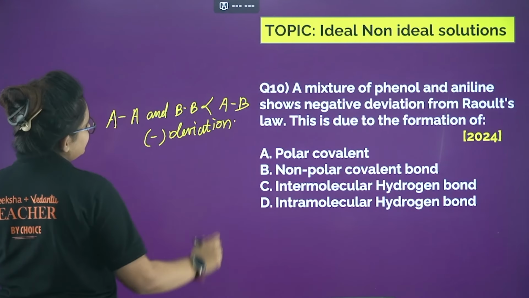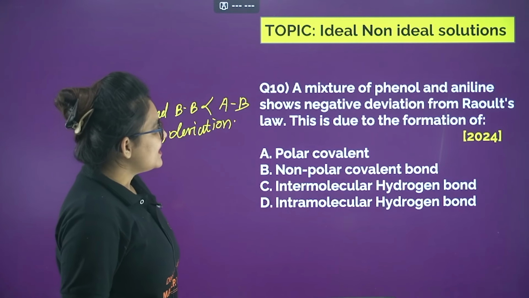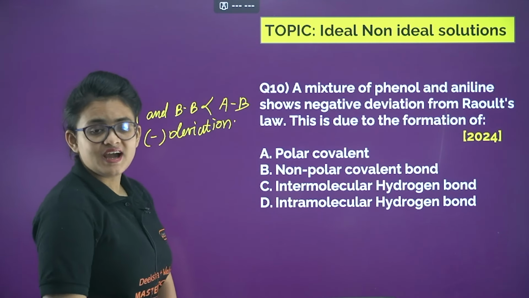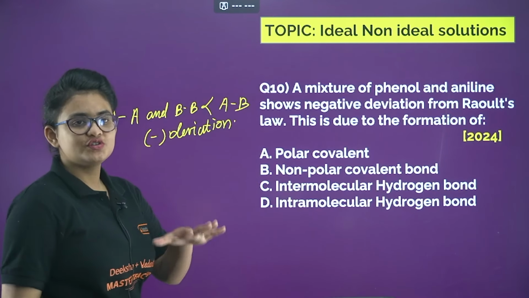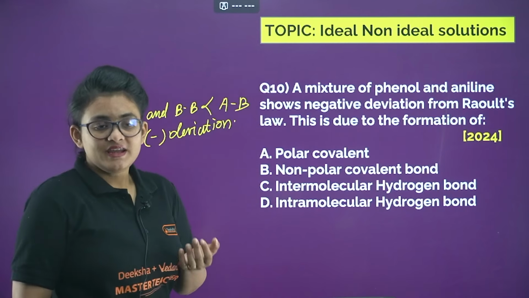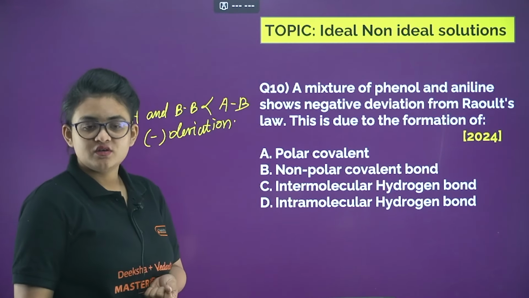Now you can see aniline and phenol are very good companions for intermolecular hydrogen bonding. Phenol has oxygen and aniline has hydrogen, so they are very good companions to make intermolecular hydrogen bonding.